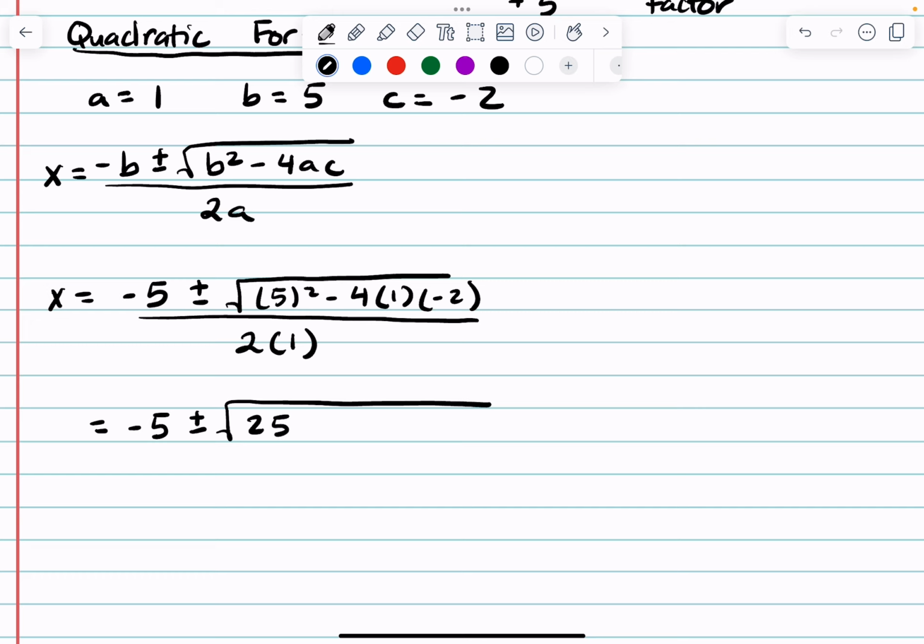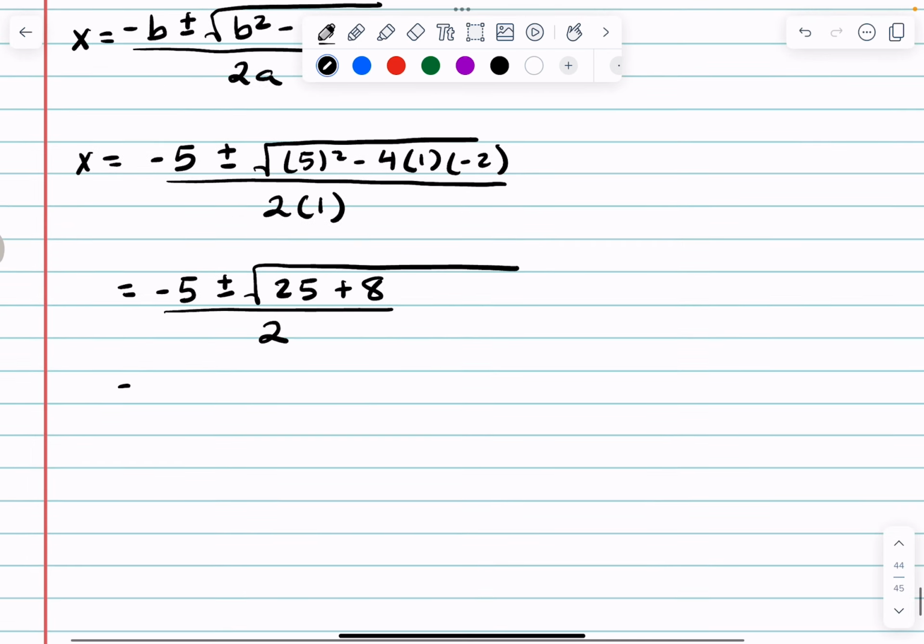And then I have negative 4 times 1 times negative 2, and that'll get me a positive 8, so I'm just adding 8 here. 2 times 1 is just 2. So if I look here, I have negative 5 plus or minus the square root of 33 over 2.